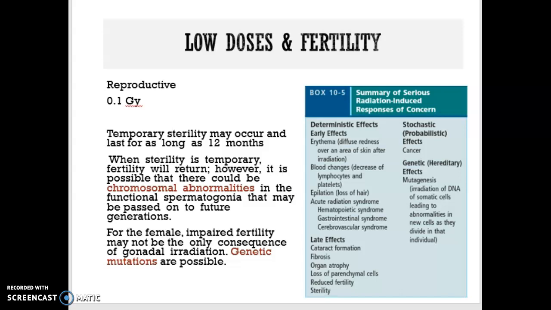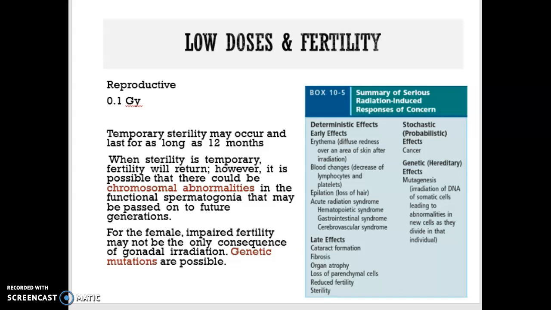The most frequent mutations in humans are not those leading to deformed children or obvious hereditary disease, but rather those causing minor changes leading to higher embryonic death rates, lower life expectancy, increased diseases, or even decreased fertility. Temporary sterility may occur and last as long as 12 months. And when sterility does occur, the chromosome abnormalities that are prevalent may be passed on to future generations.